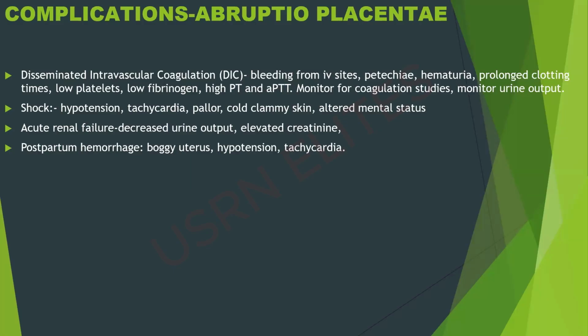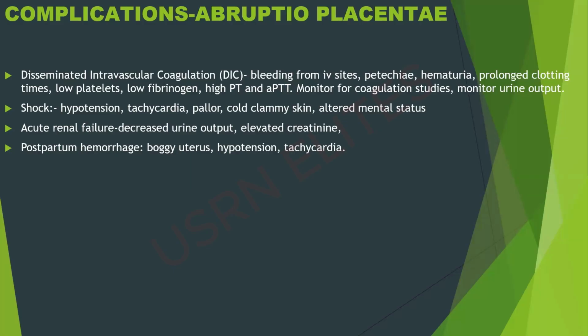But once you are giving magnesium sulfate, you monitor the respiratory rate. You monitor if the deep tendon reflexes are there. You monitor the urine output. Very important, urine output. The respiratory rate will go down, and once the respiratory rate is less than 8, we don't give.